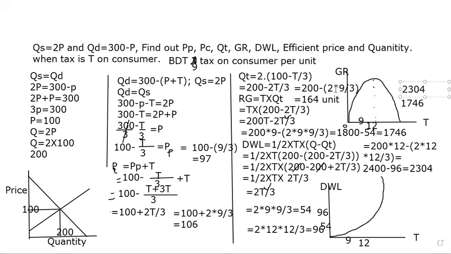This is not the exact figure, so if we impose 9 taka taxes on 100 minus t9 by 3.